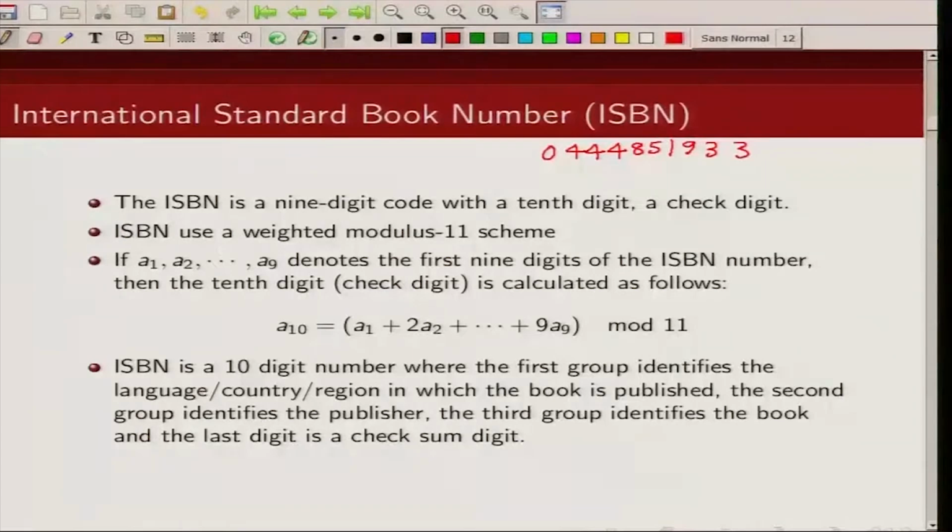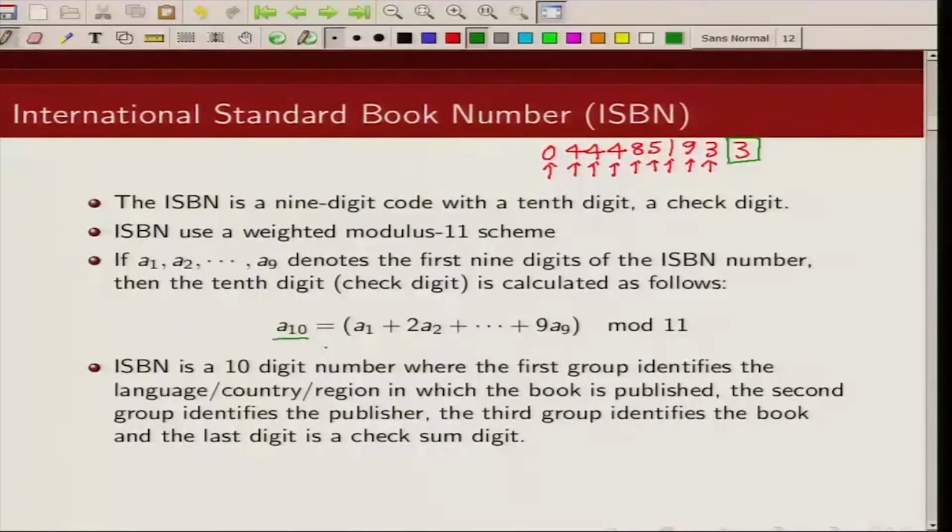it is 044485193. So, this is the first digit, second, third, fourth, fifth, sixth, seventh, eighth, and this is the ninth digit, and this is our check digit. Let us check whether this is correct or not. How is the check digit calculated?